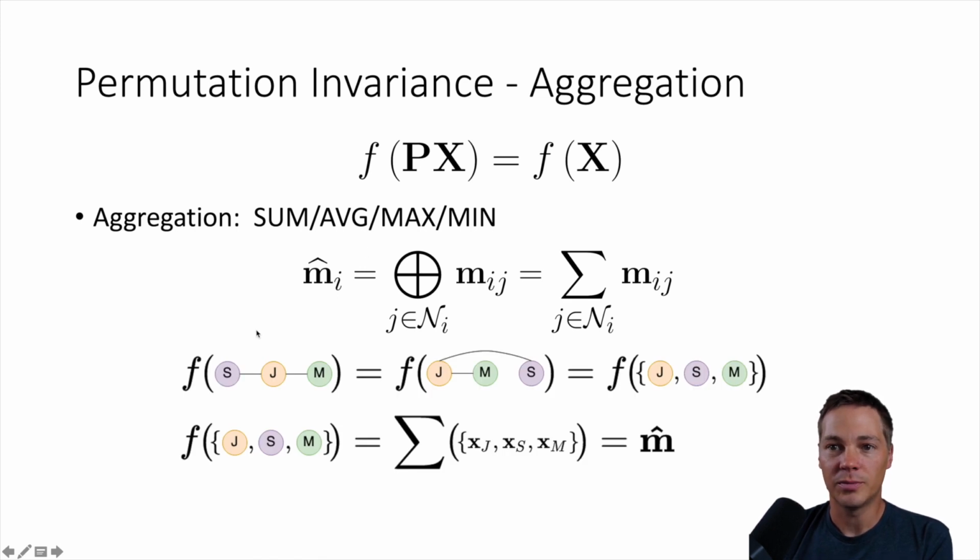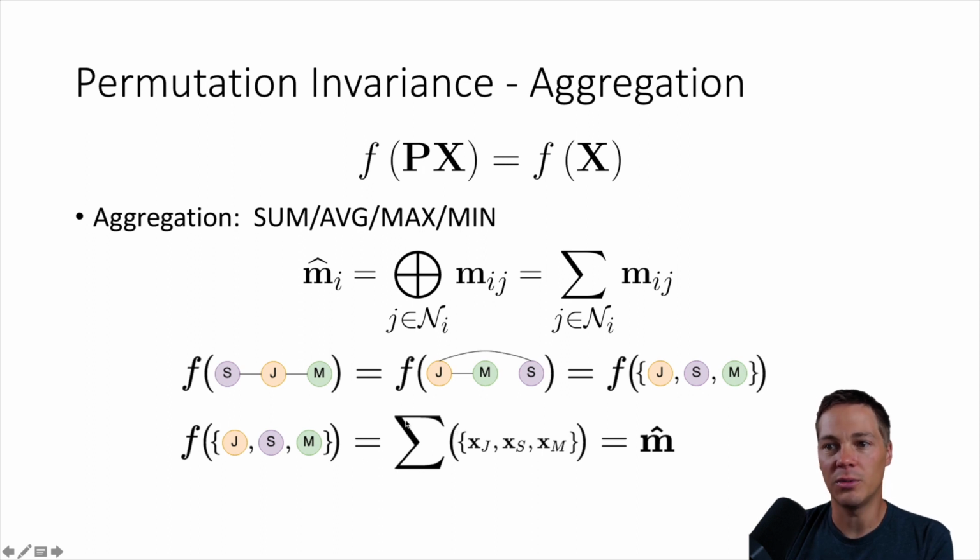So for example, if we have Sally, James, Mary, and we add up these features for each of these 3 in this order, we're going to get the same answer as if we fed in James, Mary, and Sally. So really we can treat this as a set, because a set doesn't have meaningful order. It's just a collection of things. So really we're just operating on this set that contains the nodes of James, Sally, and Mary.